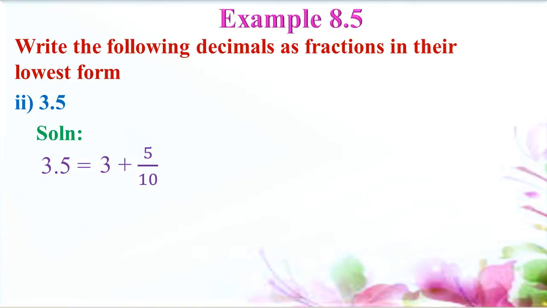So we want to find the LCM, that is 10. So when you change according to the LCM, you will get 30 plus 5 divided by 10. So we'll get 35 by 10. When you simplify, 7 5s are 35 and 2 5s are 10. So I will get 7 by 2.